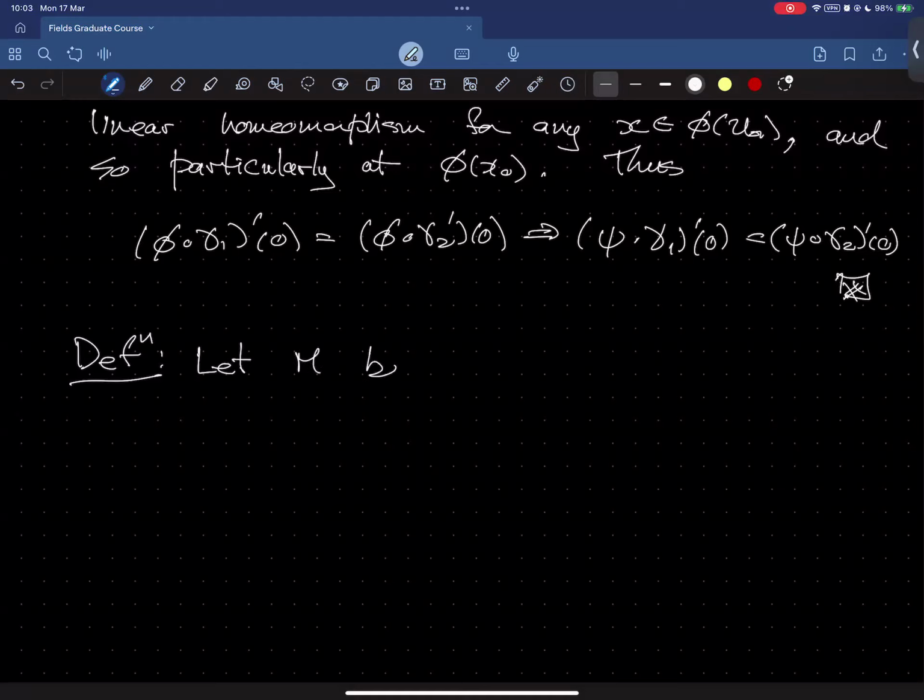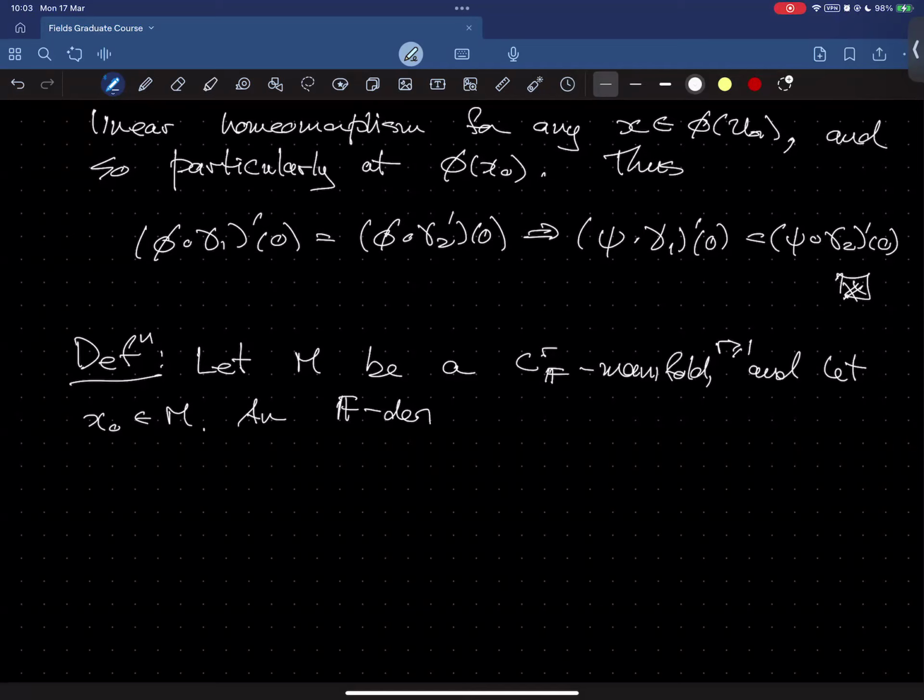Okay, so let M be a C^r manifold. And so r has to be positive. x naught a point in M. And a derivation, so this is kind of an algebraic construction.